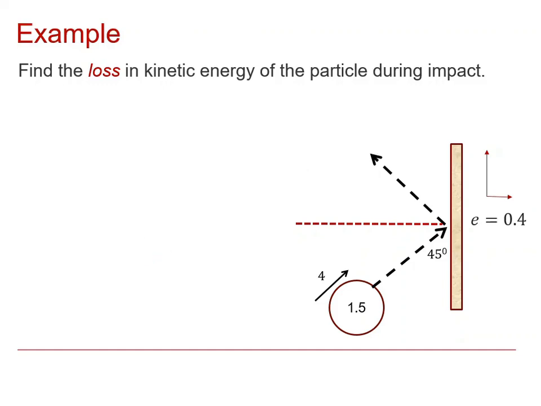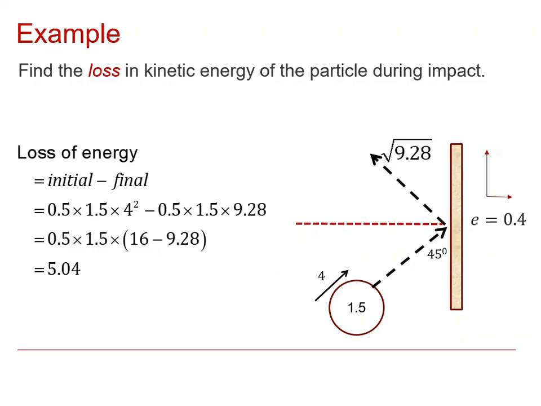So now we move to calculating from the root 9.28 and the 4, the difference in the kinetic energy. It will be the half mv squared before and the half mv squared afterwards.